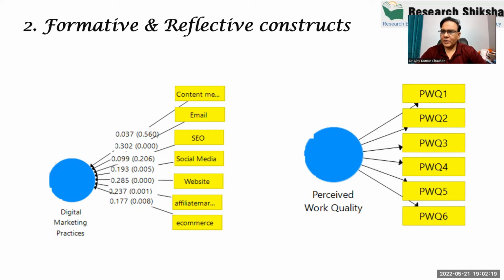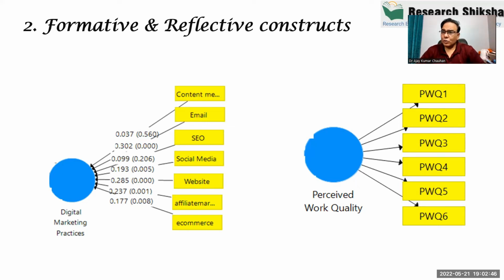In a formative construct, I repeat, in a formative construct, high correlation may not exist because all reasons are not required to have stress. So the general conclusion is that the statements in formative constructs are not highly correlated.